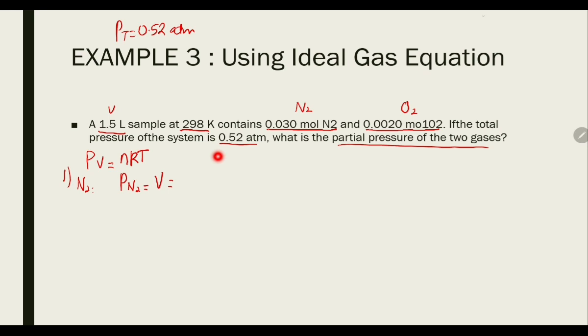We don't have any eraser button here, so shall we just cancel it out? Okay, so for N2, P N2 V equals n N2 RT.